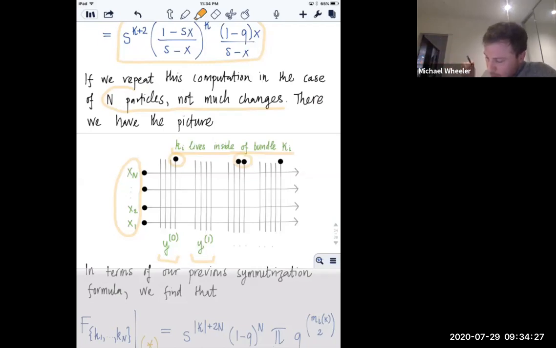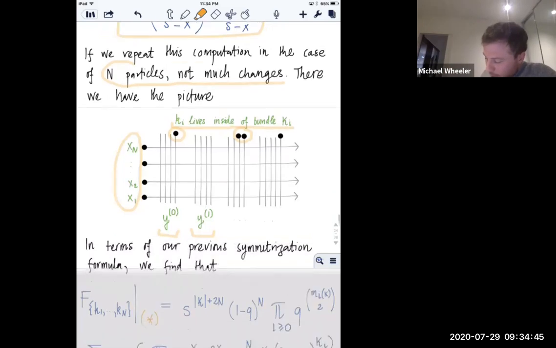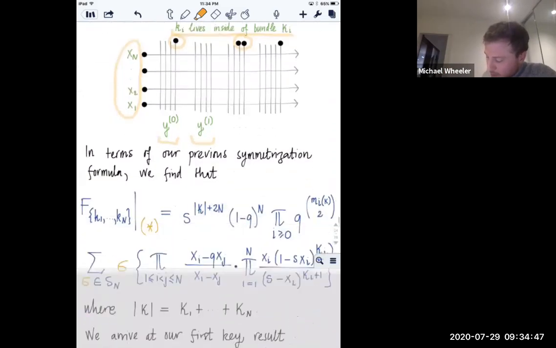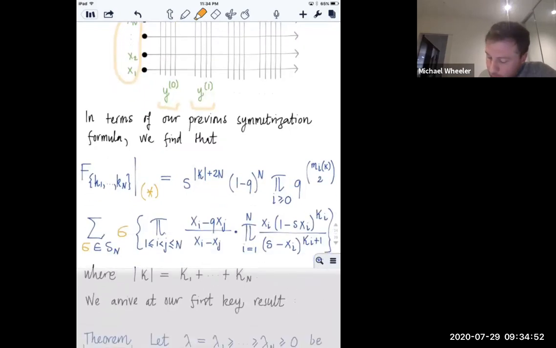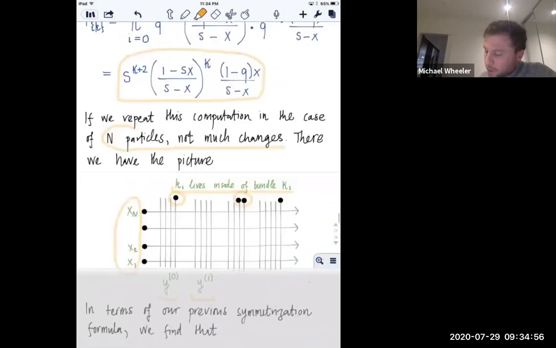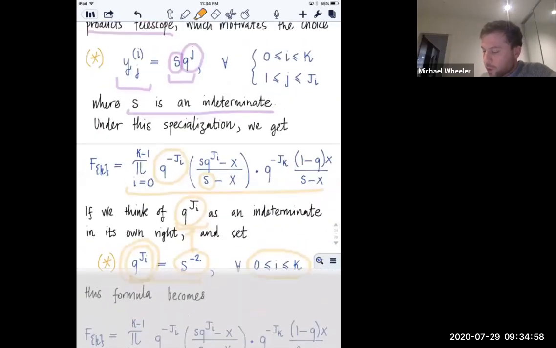Okay, so henceforth we restrict ourselves to the situation where we bundle the lattice up into these vertical segments, and within each of the bundles the particles are flush to the right. Okay. So that's what we have, and then if you repeat the computation that I did previously, the specialization that I called star. Just to remind you, the star specialization happens in 2 steps.